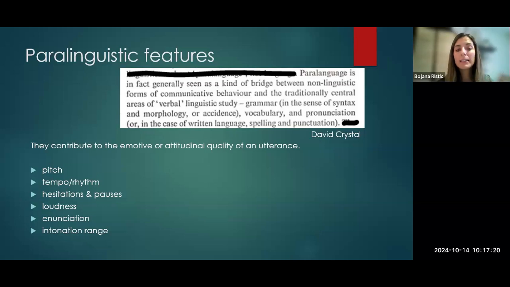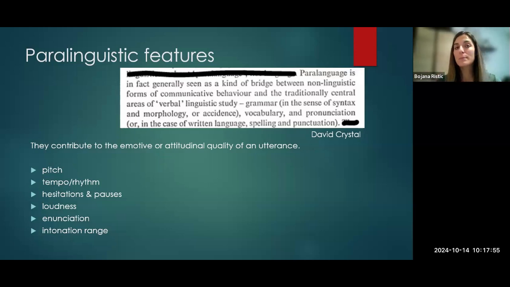What that means is that you can have the same sentence, which is linguistically, so the content of the words, exactly the same, but you can have the same sentence pronounced with different paralinguistic features and you might get a completely different meaning out of it. Maybe not completely different, but different kinds of meaning. At some point, you might understand that the person likes the topic of the conversation.